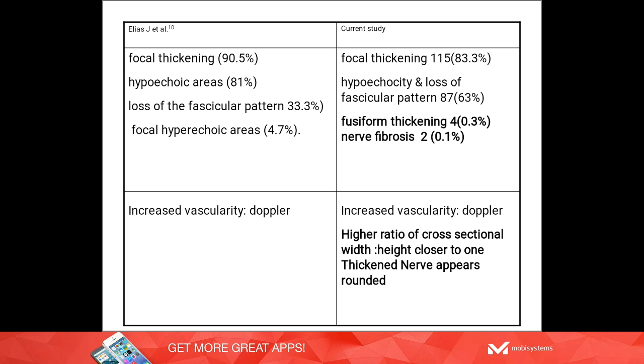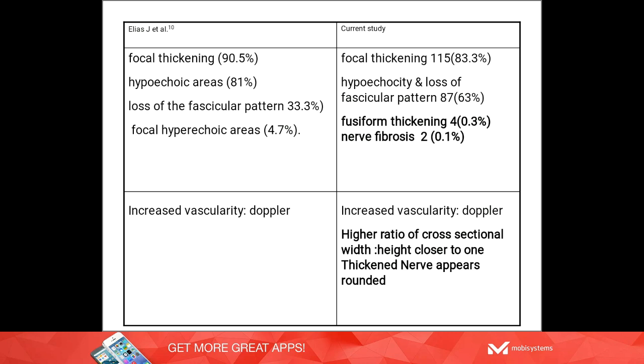On comparing it with another study, it was similar to find that focal nerve thickening was the most common finding on ultrasound, followed by hypoechogenicity and loss of fascicular pattern in our patients. Fusiform thickening and nerve fibrosis were newer findings and seen in 0.3 and 0.1 of our patients.